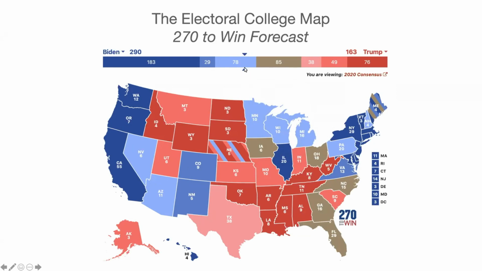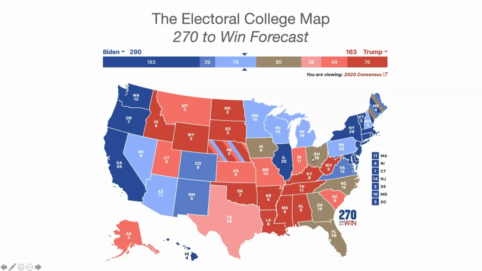So basically, the key is to be able to get past 270 seats, and as you can see on the states map, there are several states that are blue. These are most likely to fall into Joe Biden's camp, and the red states are basically representing Republican votes and the Trump camp.